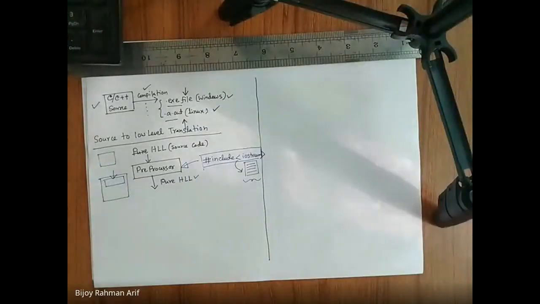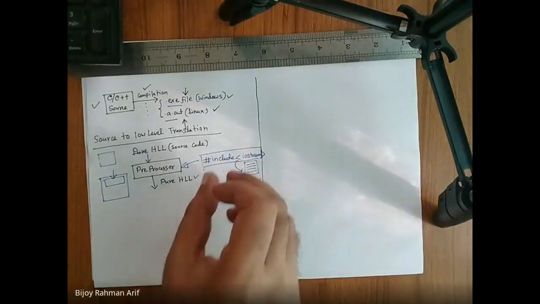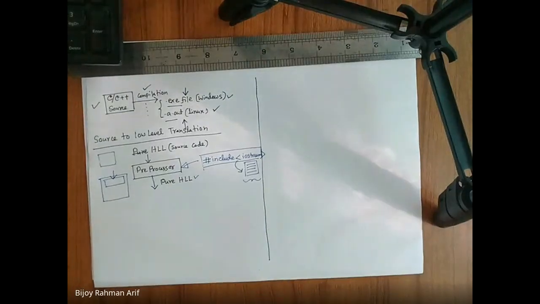Can you give me another example of this kind of thing, where preprocessing is happening? So we use define.